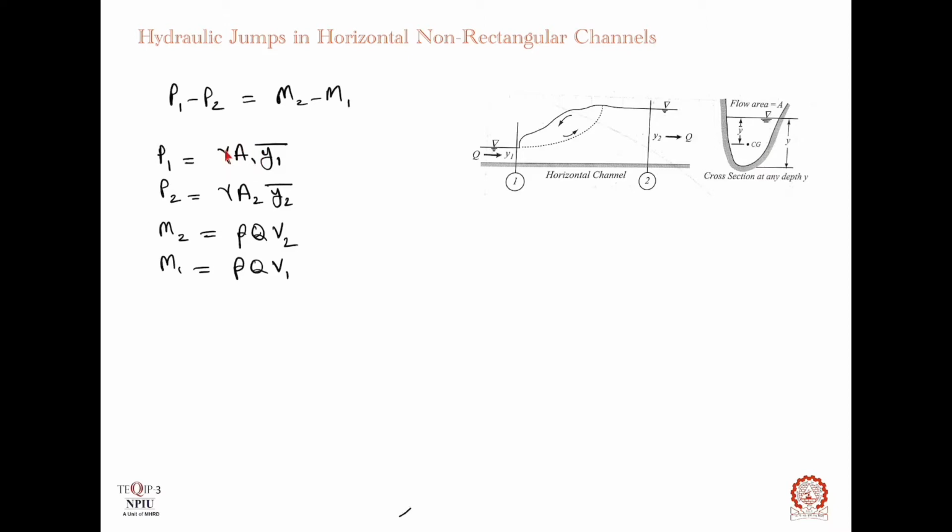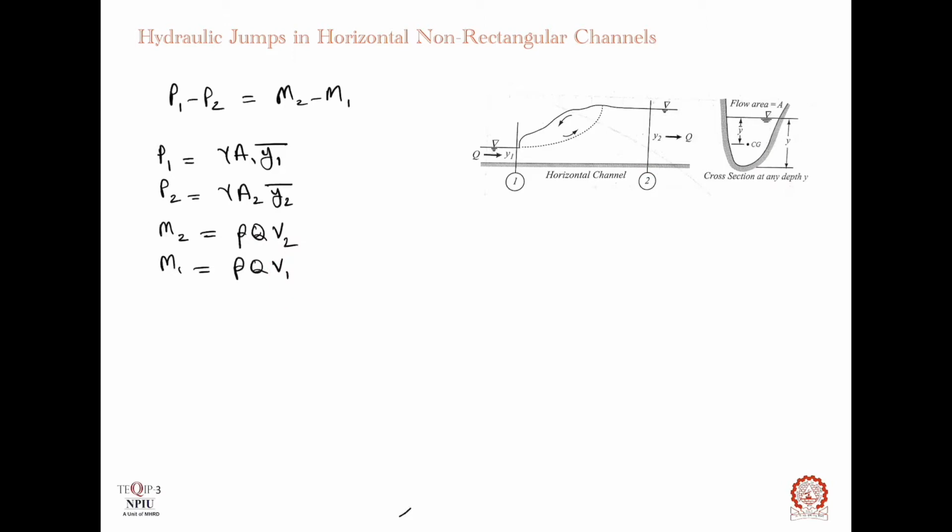A1 is the area of flow at section 1. Y1 prime is the depth of CG from the free water surface at section 1. In a similar way, we can define A2 and Y2 prime. Rho is the mass density of fluid, Q is the discharge in the channel, V2 is the mean velocity at section 2 and V1 is the mean velocity at section 1.